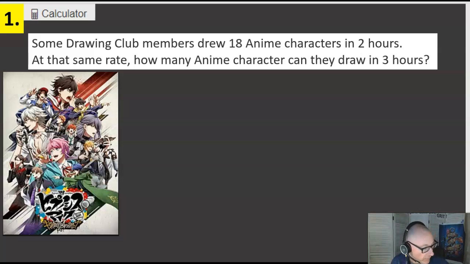At the same rate. So first, we're going to find the unit rate, because this is one of those things. Find the unit rate first. 18 anime characters in 2 hours.